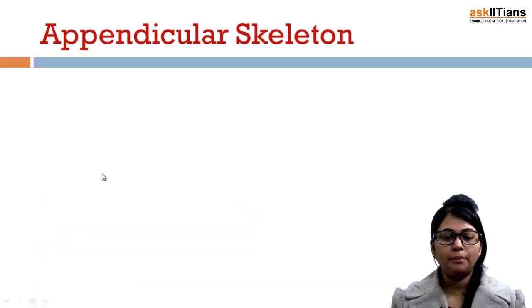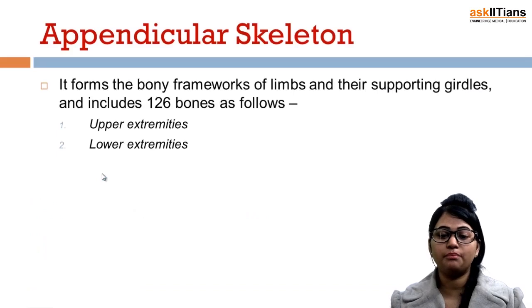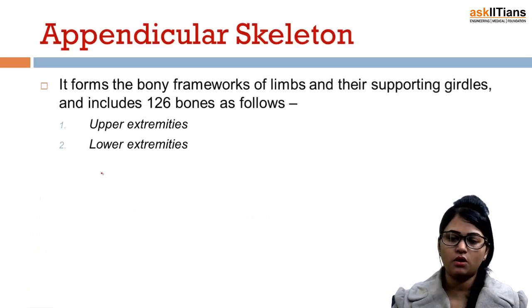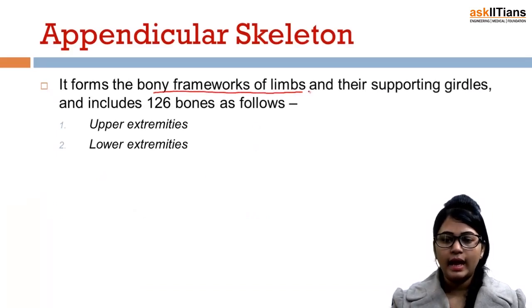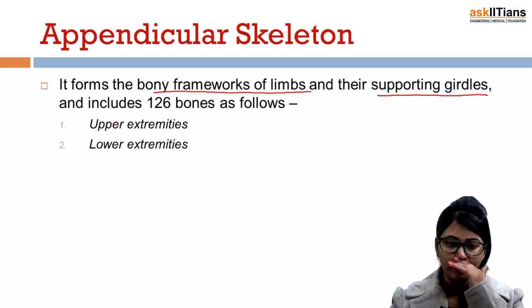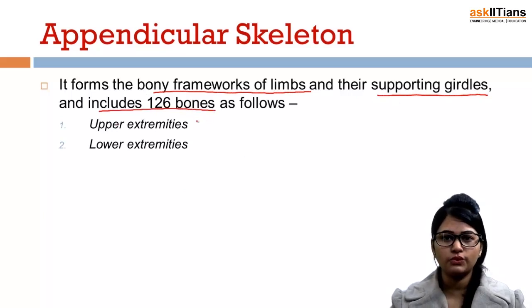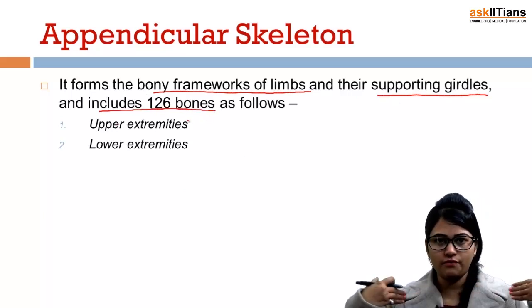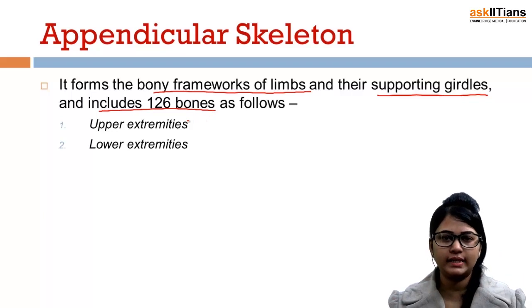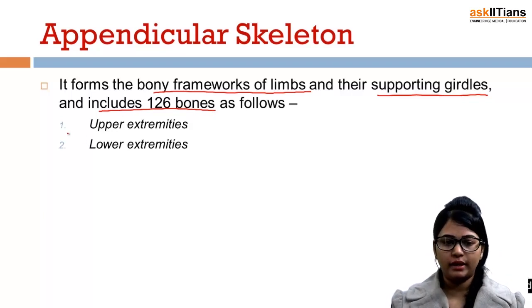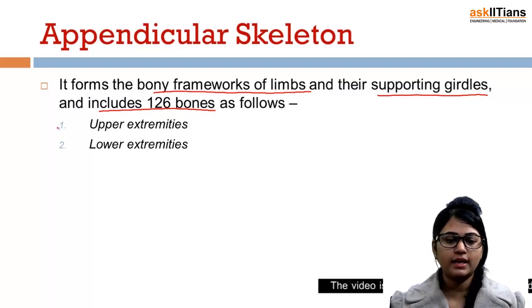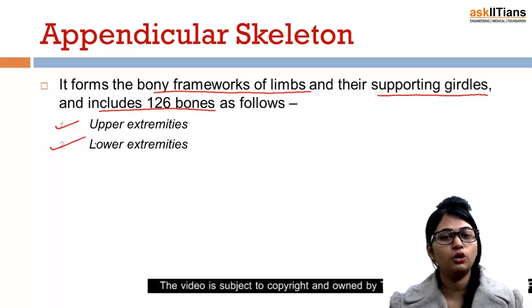The appendicular skeleton forms the bony framework of limbs and their supporting girdles and includes 126 bones. So all the bony framework of our limbs, the main part of the skeleton, comes under the appendicular skeleton. It has upper extremities and lower extremities.